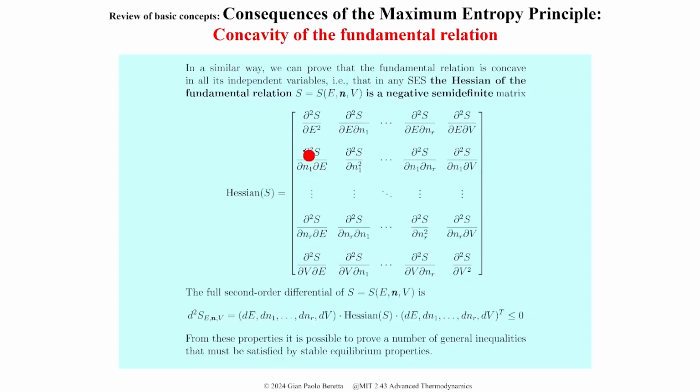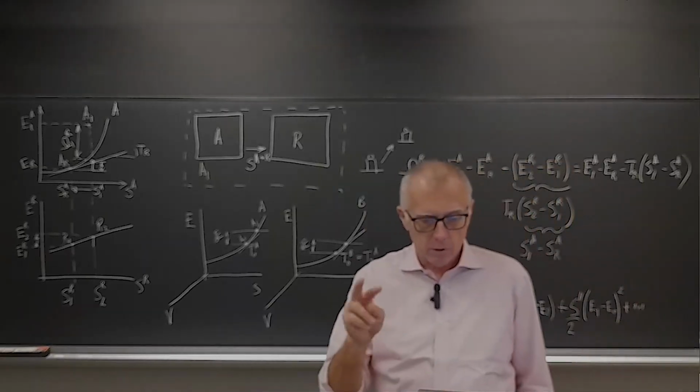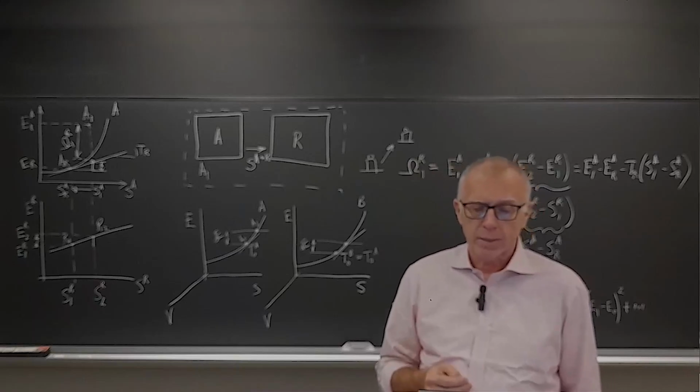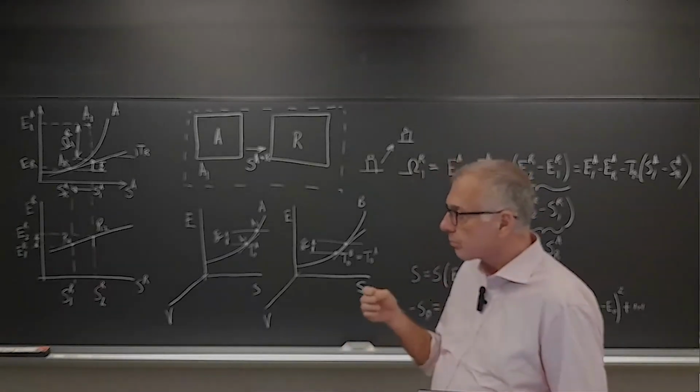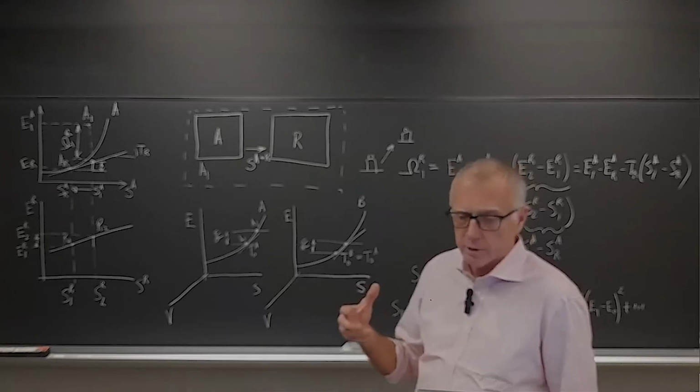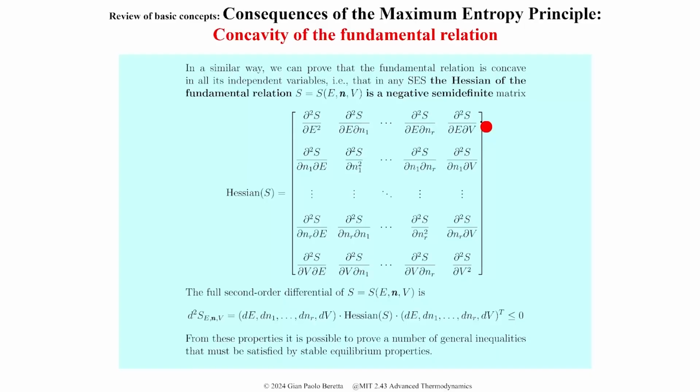But more than that, this matrix, which is the Hessian matrix of all the possible second order partial derivatives, must be negative definite or negative semi-definite, and therefore you can apply all that you know about positive definite matrices and so on, and obtain a number of inequalities.